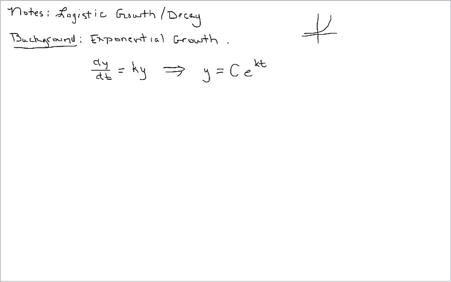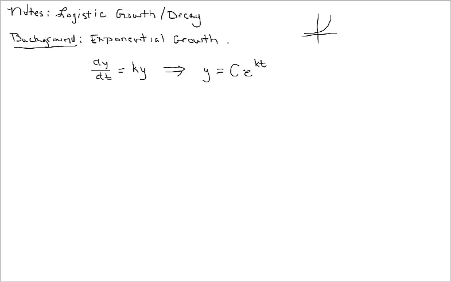But when describing a population, perhaps of something in the wild, moose, elk, coyotes, there often exists some upper limit L past which growth cannot occur.